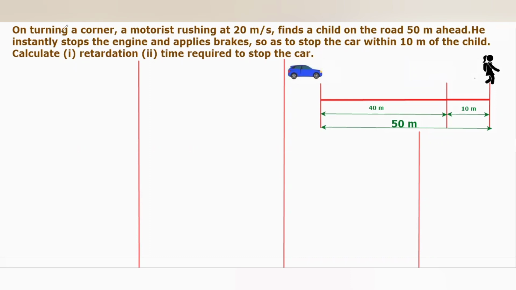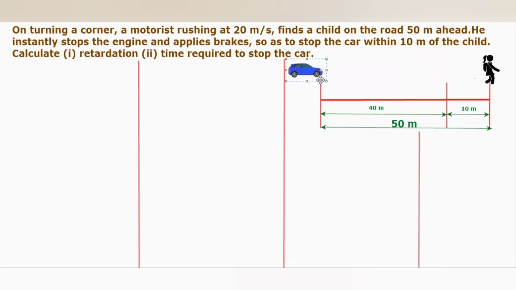to stop the car. Okay, so here a motorist initially rushing at 20 meters per second. It will be the initial velocity. When he finds a child 50 meters ahead, he instantly stops the engine and applies the brake. So he has to stop the car within 10 meters of the child. Before 10 meters, he has to stop the car.